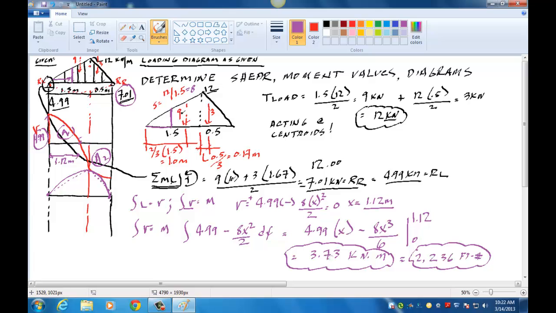So hopefully as we progress, that will allow you to have a better understanding of uniformly varying loads, and how to go about solving for, oddly enough, those integrals that you used in Calc 1, 2, and 3 showing up again, and a little bit of algebra in solving the quadratic equation.